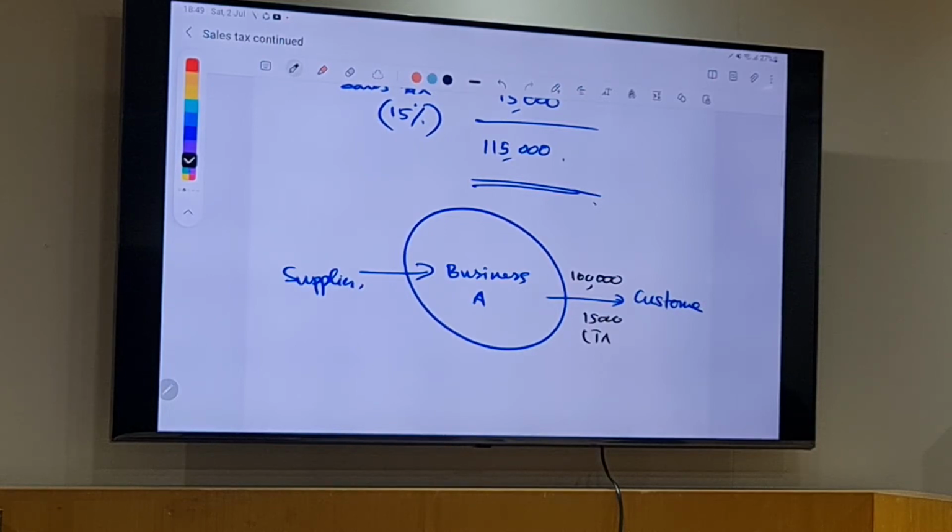So from the customer, in total how much do I need to collect? I need to collect 115,000. On behalf of sales 100,000, on behalf of tax 15,000.